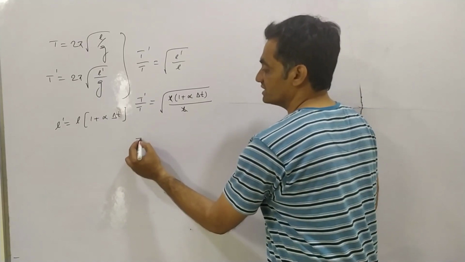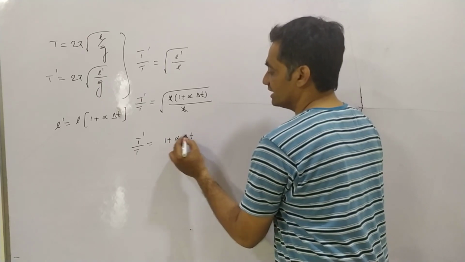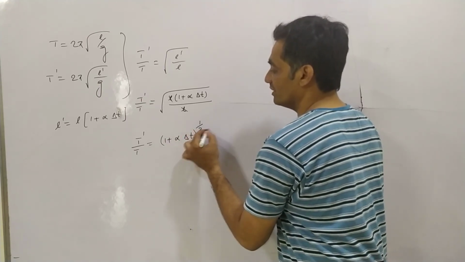So T dash by T equals 1 plus alpha delta T whole to the power of 1 by 2.